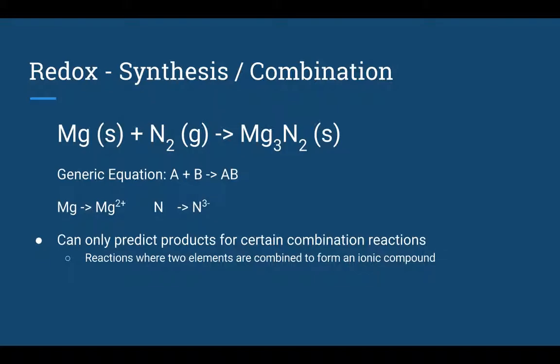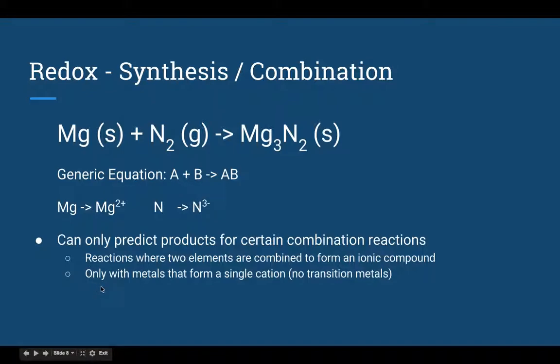We're also only going to do synthesis reactions where we have a main group metal reacting with a nonmetal to form an ionic compound. If it were a transition metal like iron, which forms multiple charges, that's going to make it really difficult to predict the products. If instead of magnesium we had something like iron, which forms a 2+ or a 3+ charge, we wouldn't really be able to predict what the product would be in that case.